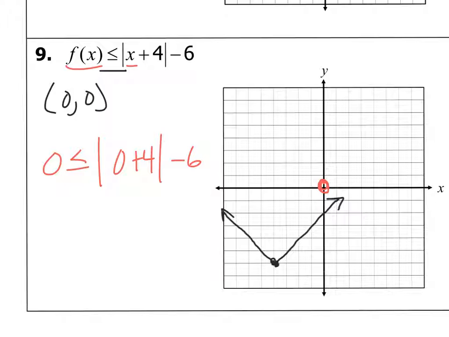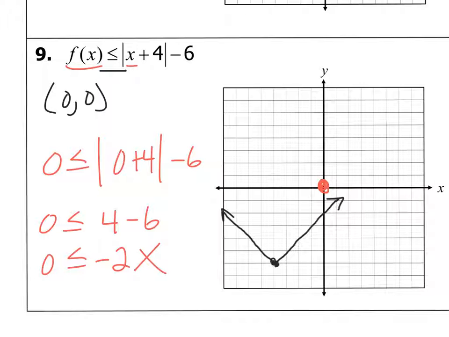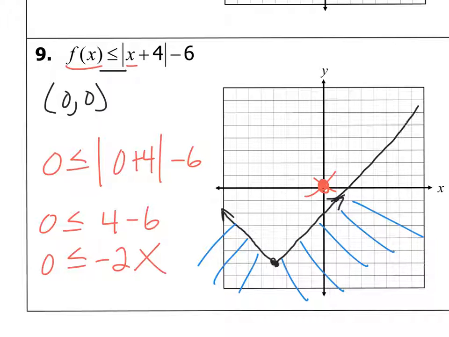So now when we do this math, notice that the absolute value of 0 plus 4 is just 4. So we have 0 is less than or equal to 4 minus 6. So 0 is less than or equal to -2. Since that is not an accurate statement, because 0 is not less than -2, we know that 0, 0 is not part of our solution set. So we're going to shade below the absolute value graph. And if we make the graph long, we'll see that all of that is shaded.